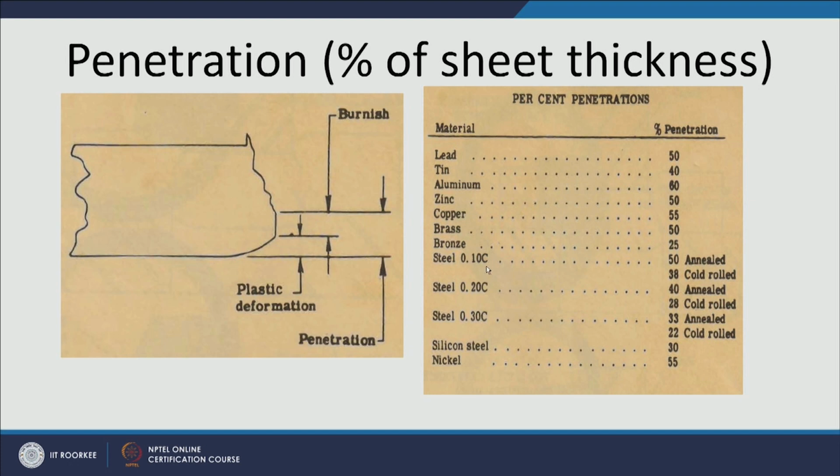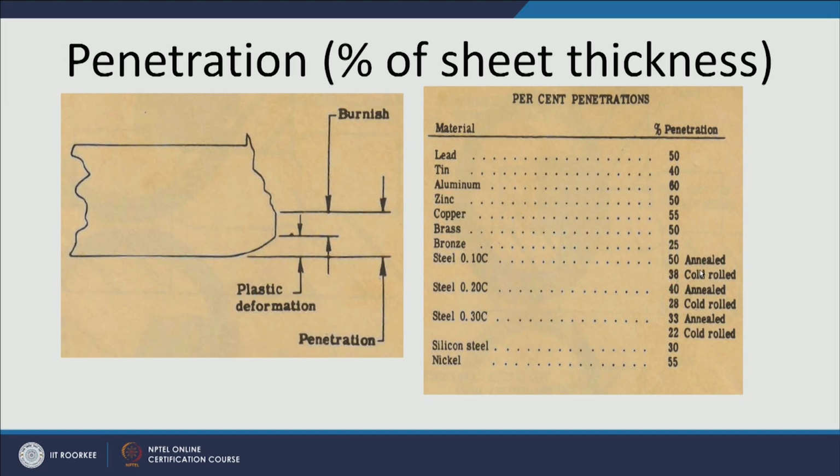For example, steel of 0.1% carbon needs 50% penetration in annealed condition, while 0.3% carbon in annealed condition needs 33%. Similarly, comparing annealed and cold rolled, 0.1% carbon steel requires 50% penetration in annealed condition, while it is 38% in the cold rolled condition.